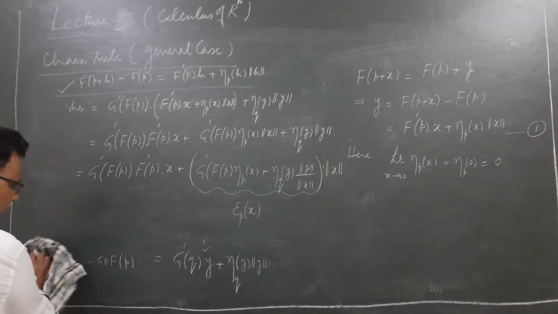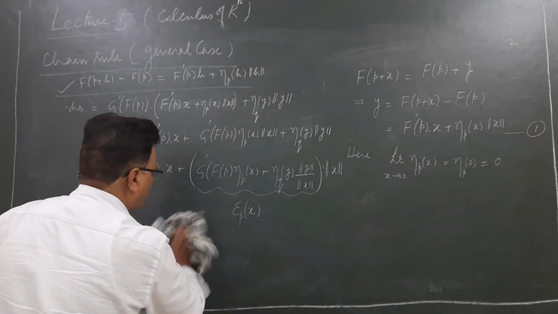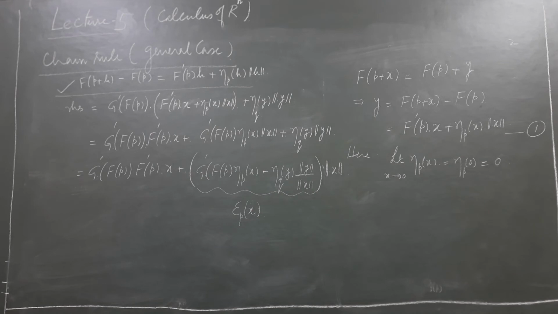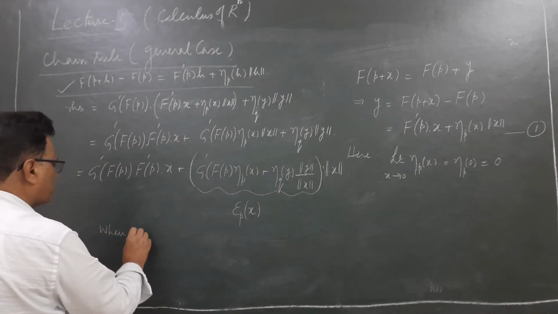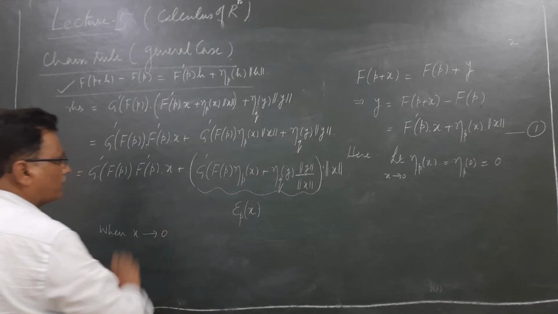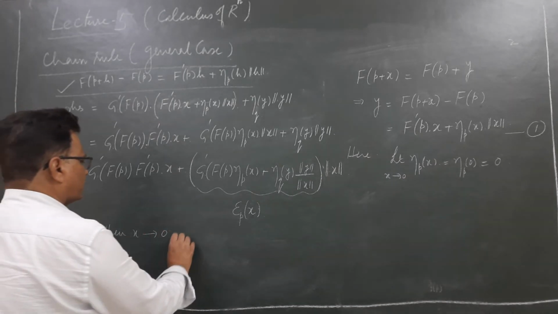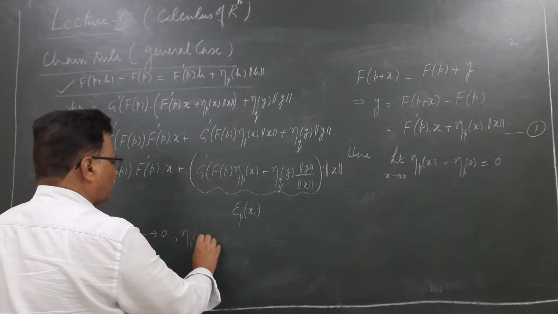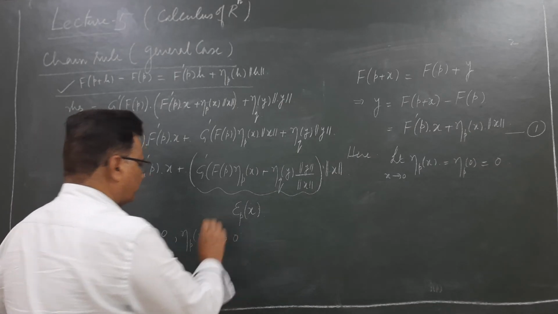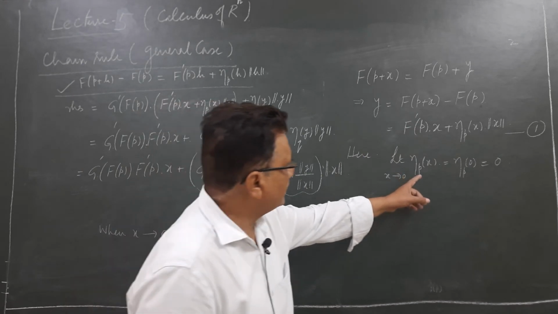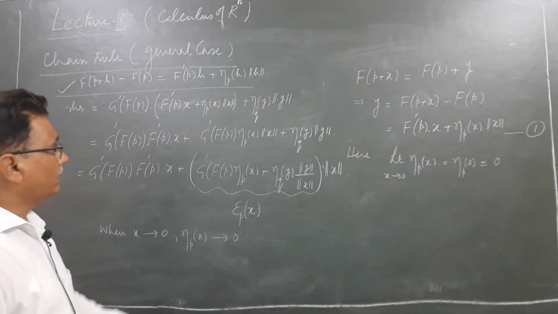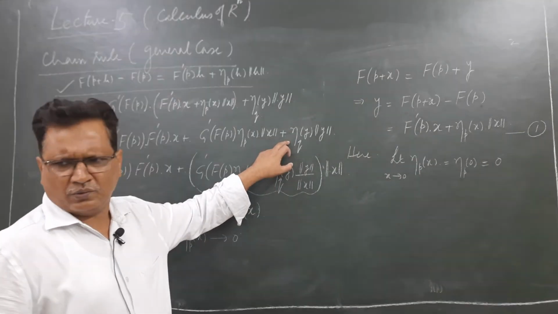We can remove this thing also. So, look here, when x tends to 0, eta p x also tends to 0, because eta p we have assumed in the beginning is a continuous function. Similar thing we have for eta q also.